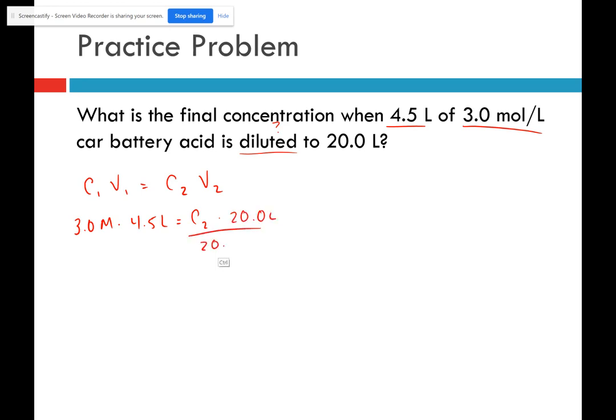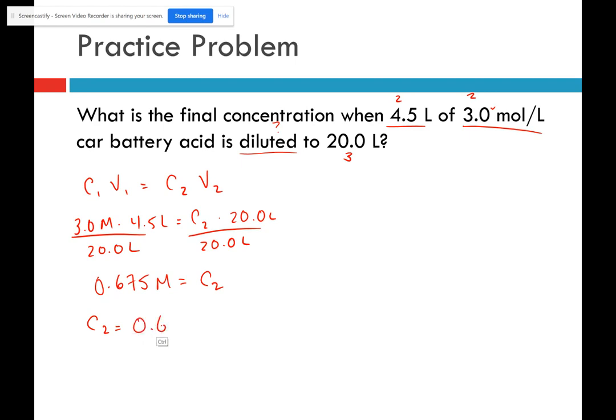Okay, so to get C2 by itself, I'm going to divide both sides by 20. So if I take 3 times 4.5 and I divide that by 20, I'm going to get 0.675 moles per liter as my new concentration. But if I look at sig figs, this one has 2, this one has 2, this 0 has a number to the left of it, so it is significant, and this has 3, so I'm going to report to 2 sig figs.